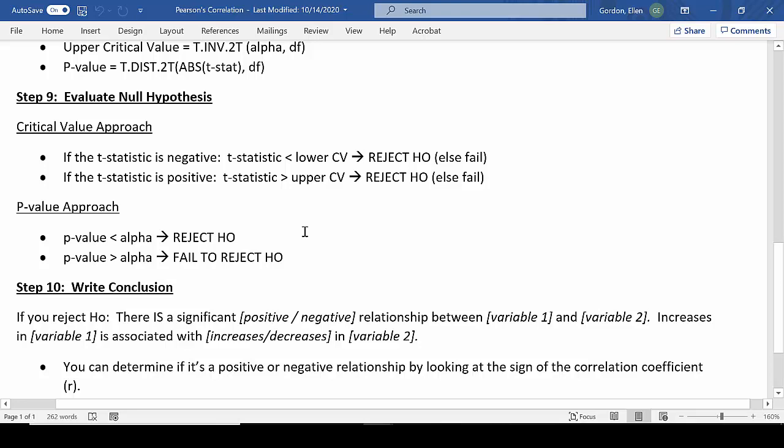The next step is to evaluate the null hypothesis, to determine if we're going to reject or fail to reject the null hypothesis. As in the previous module, there are 2 approaches, the critical value approach and the p-value approach. We'll start with the critical value approach. It depends if our test statistic is negative or positive, and ours was positive. So if our test statistic is greater than the upper critical value, we're going to reject. If it's less than, then we'll fail to reject.